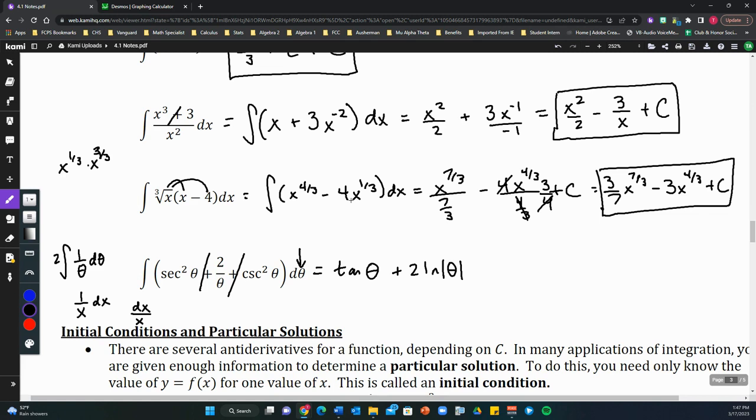Now, cosecant squared theta, that was the derivative of cotangent, but it was supposed to be negative. So again, it's really just saying that there has to be a sign change. So for the derivative, if I started with a positive, I ended with a negative. Same thing is true for the integral. I'm starting with a positive, so I got to switch signs. So this will be minus cotangent of theta plus c.